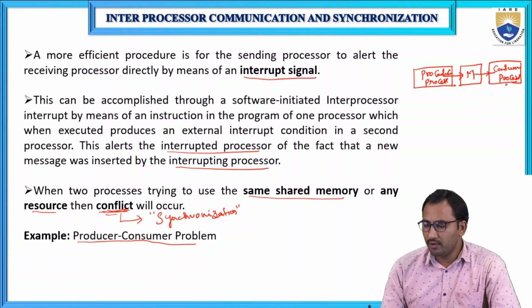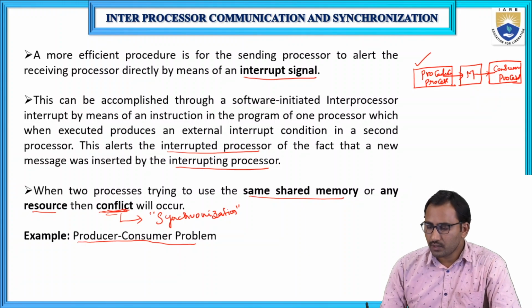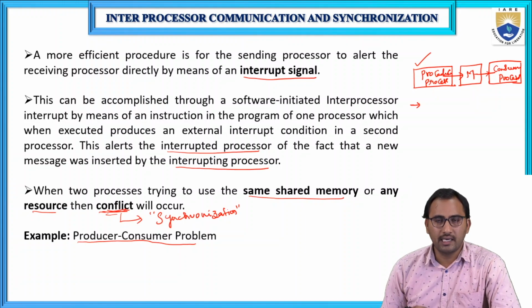If their data transfer rates are not the same, then some conflicts will occur. Suppose the producer process is transmitting the data at a faster rate, but the consumer process is receiving very slowly.